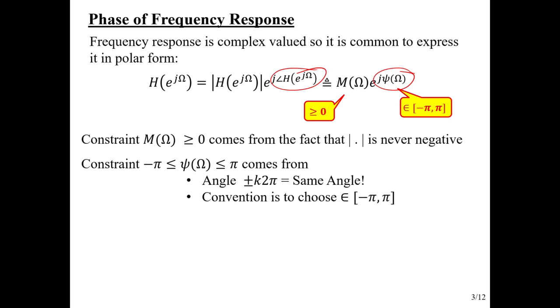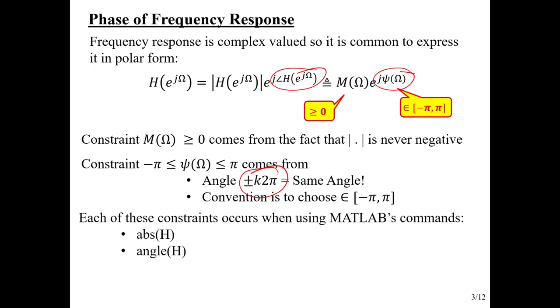Sometimes that's convenient, and sometimes it's not convenient. But regardless of whatever we say the angle is, remember, there are infinitely many other angles that could be used equally well in the mathematical definition of the frequency response at that point. So that's the weird part. And these constraints carry over into MATLAB's commands.